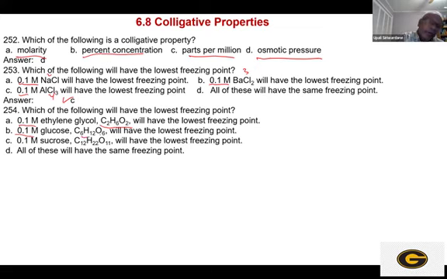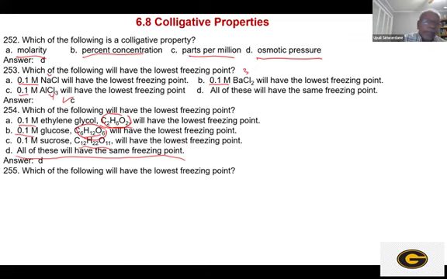Therefore, each compound is one molecule, exists as one particle. Therefore, they have same number of particles, same molarity. Therefore, all of these have the same freezing point. That's the correct answer for that.